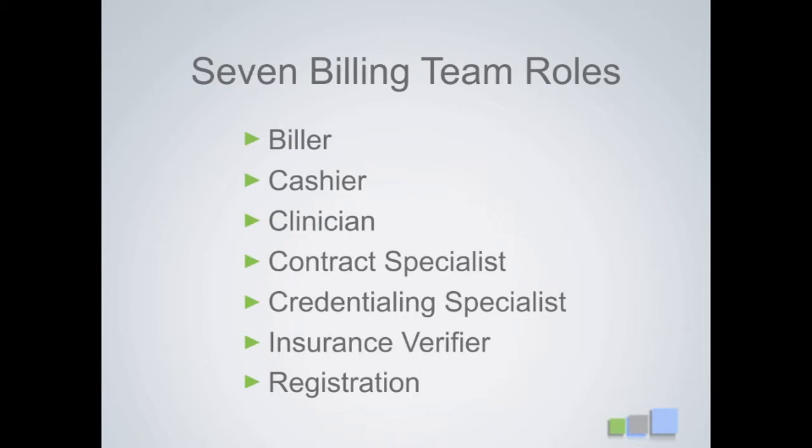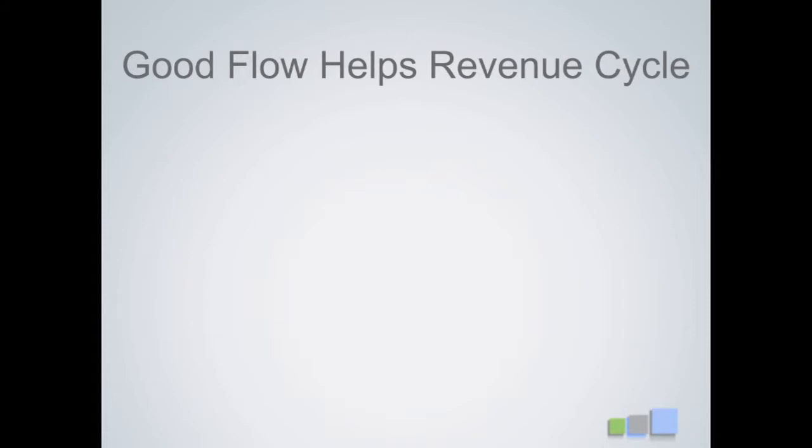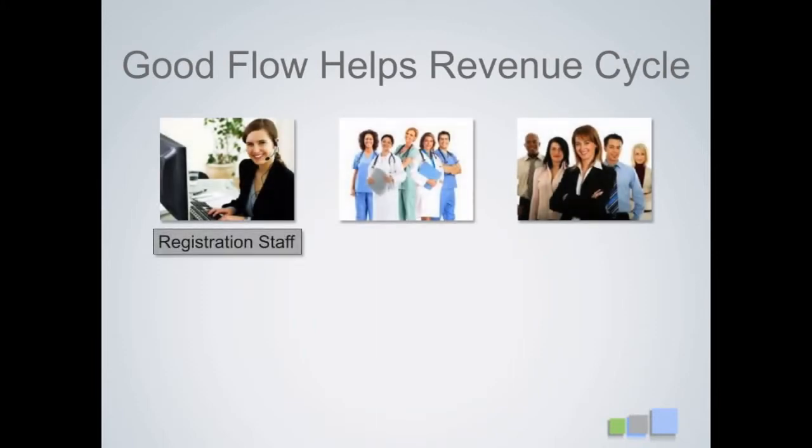Once your department has identified the staff filling each role, you'll want to have a sense of what happens within the clinic setting and how to achieve your end goal, which is to get reimbursed for services and collect revenue. The revenue cycle is the process of determining, billing for, and collecting fees for clinic services. It involves many people, chiefly registration staff, clinical staff, and billing staff.